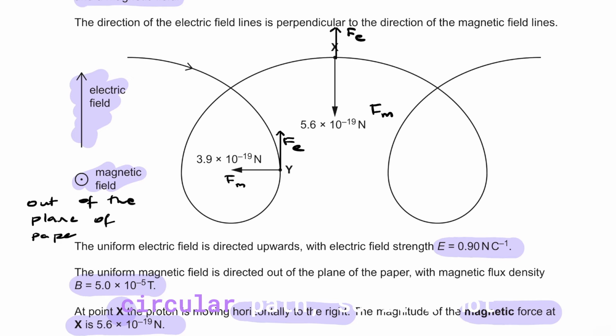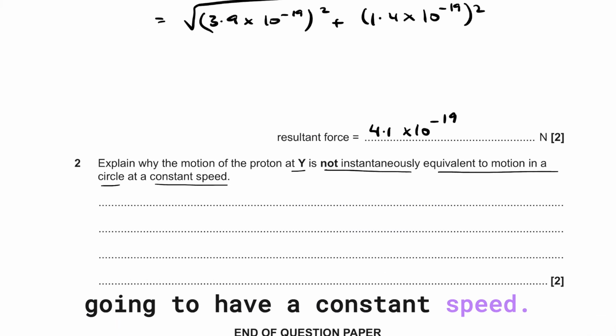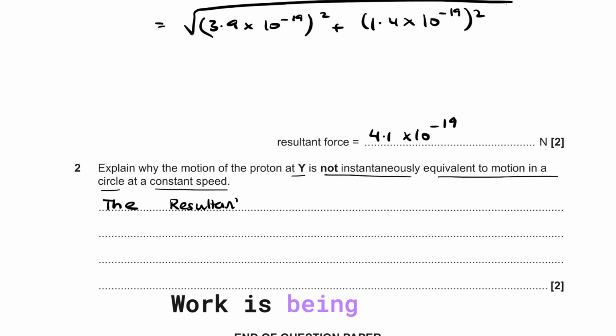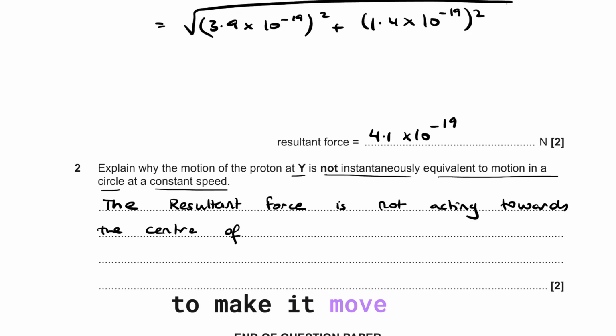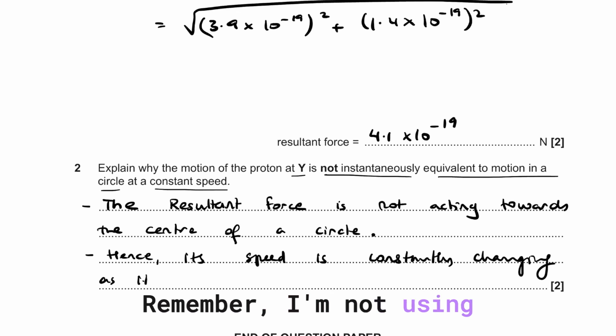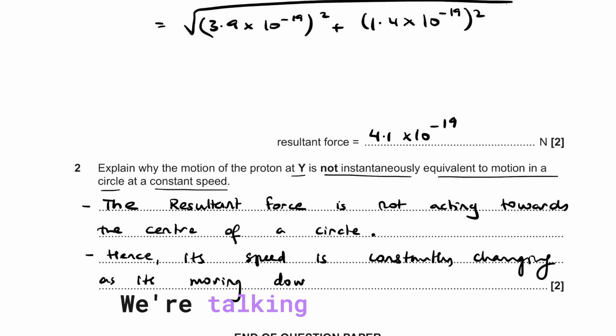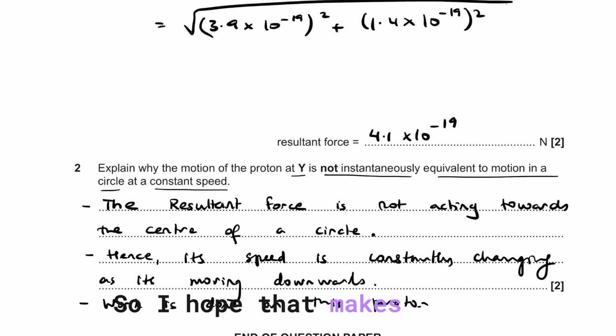There is no circular path, so it's not going to have a constant speed. Work is being done on the proton constantly to make it move and to change its speed. Therefore, it's not going to have constant speed. Remember, I'm not using the word velocity here. We're talking about speed, which means the magnitude. So I hope that makes sense.